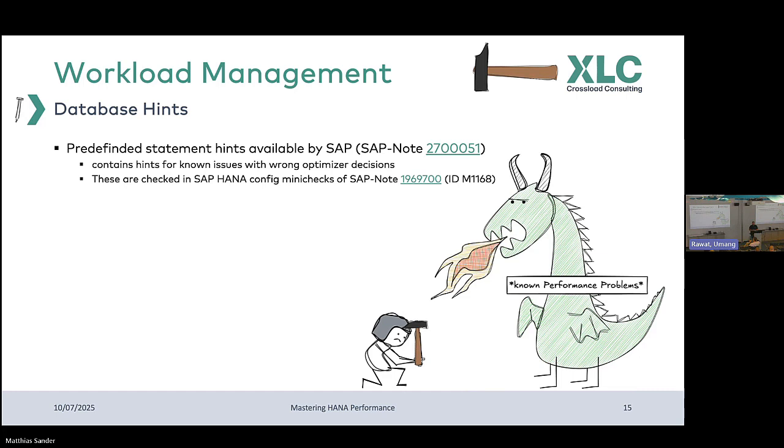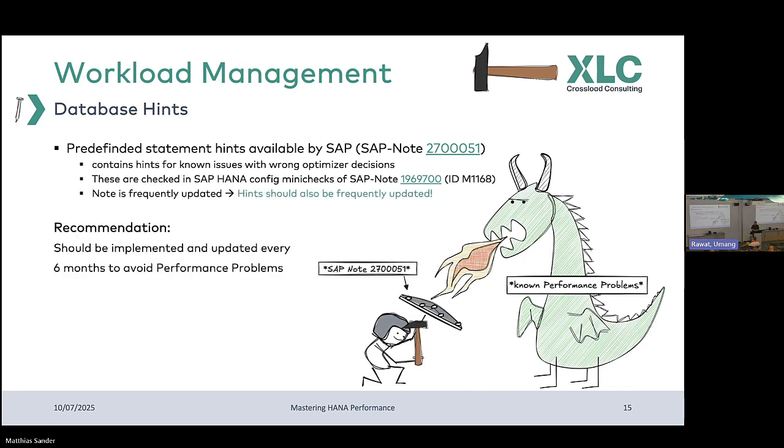There's also a mini check available within the 1969-700 node, which can be used to check if these delivered statement hints are really installed inside of your HANA system. The thing is, the node is getting frequently updated. So you should also check how old the implementation you have is.